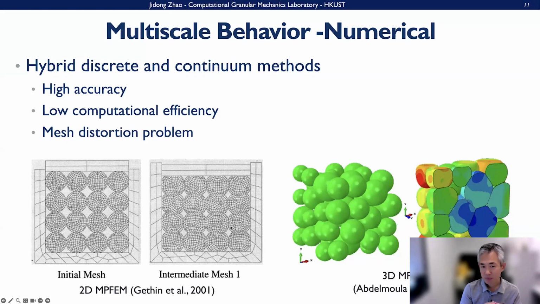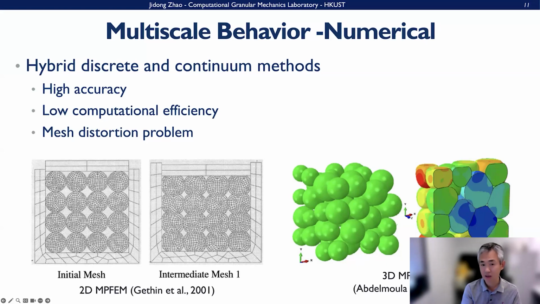In this way, because we resolve each individual powder grain and simulate their deformation and stress-strain relationship at the contact level by FEM, we can get relatively high accuracy of the deformation.